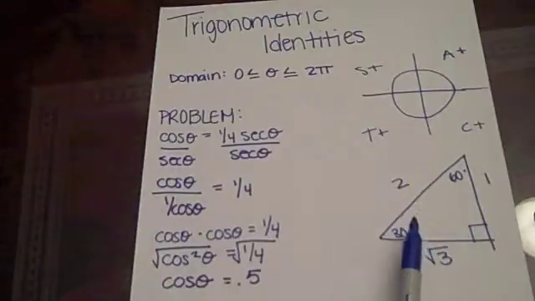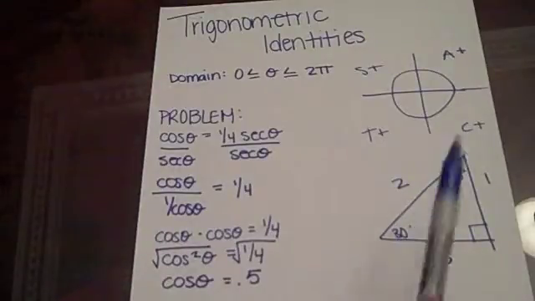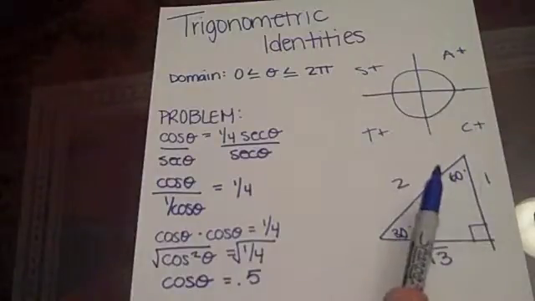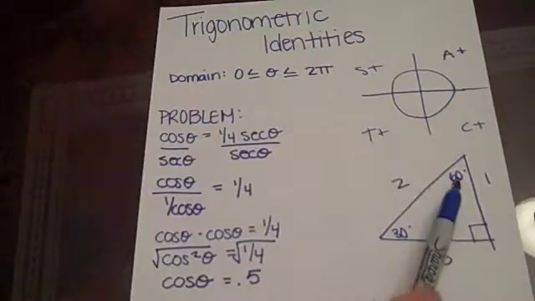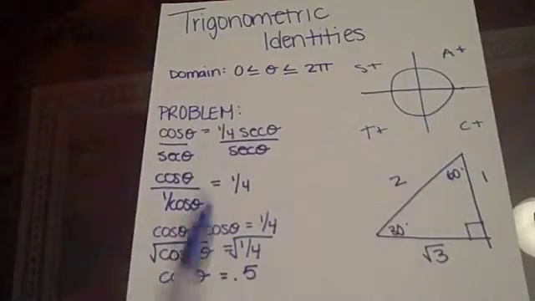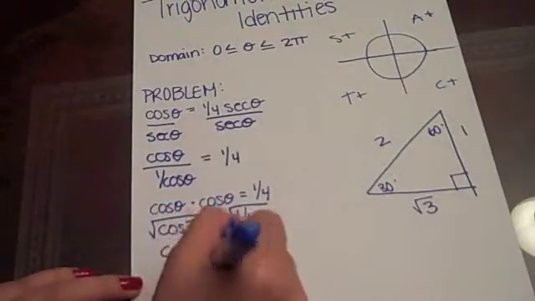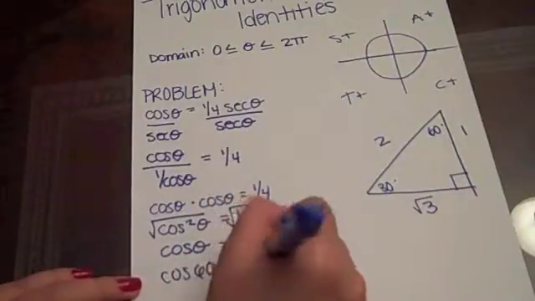So, using the special right triangles, the 30, 60, 90 triangle states that the cosine of angle 60 is 1 over 2. So, we write cos of 60 equals 1 over 2.